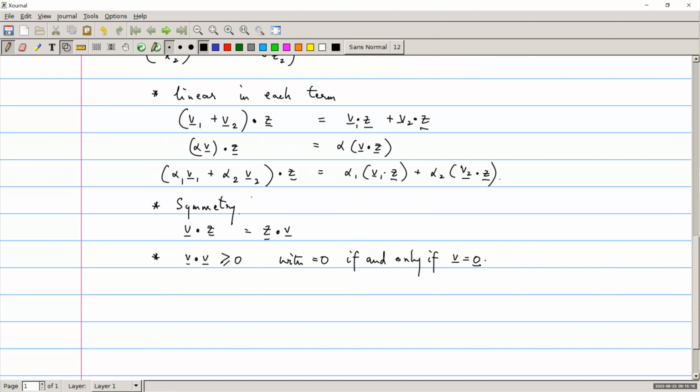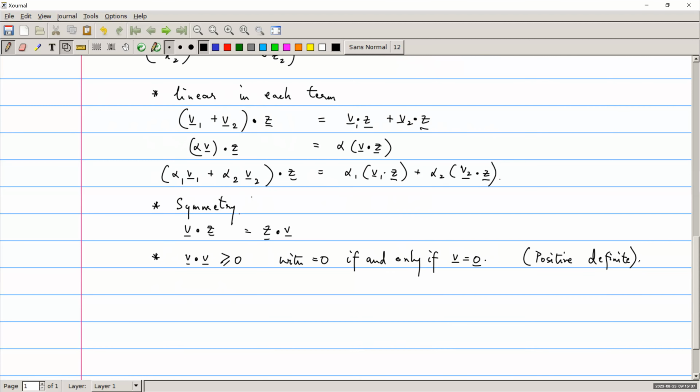So if I take v to be a non-zero vector, v dot v is strictly positive. This is called the positive definite property. Why we call it that, don't worry about it now. We'll see this in more detail later.